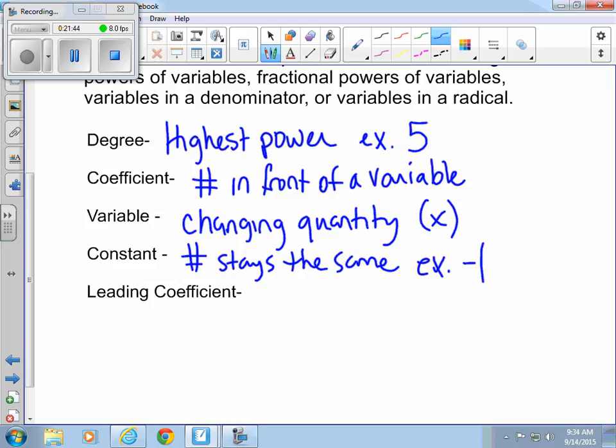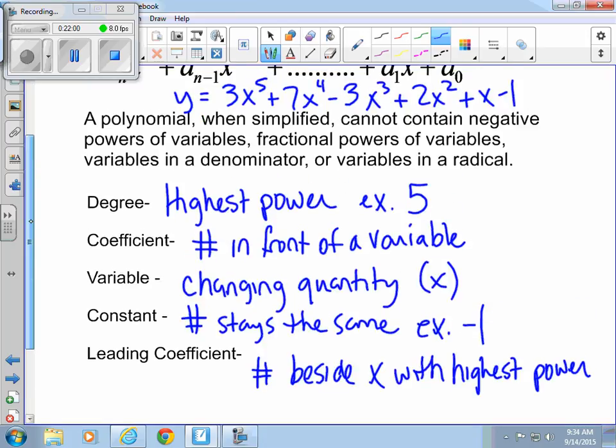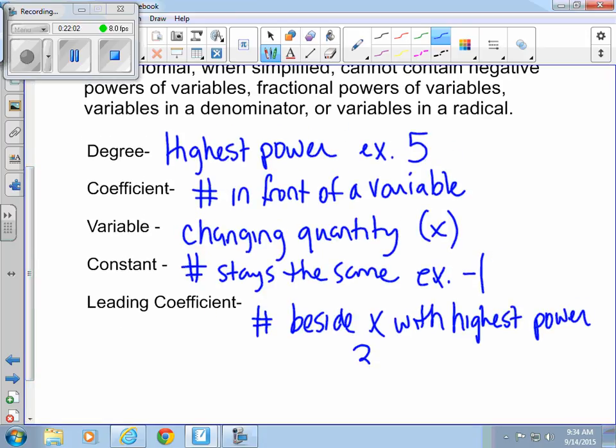That's where the name leading coefficient comes from. But it's the number beside x with the highest power. So in this case, it was 3. Any questions so far?